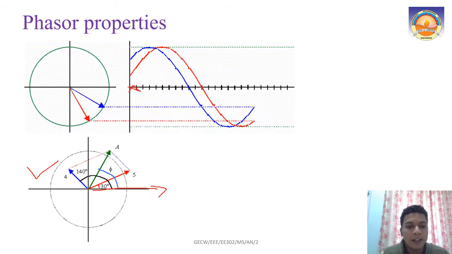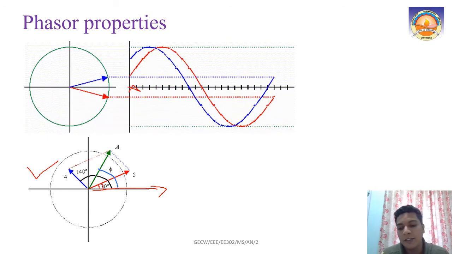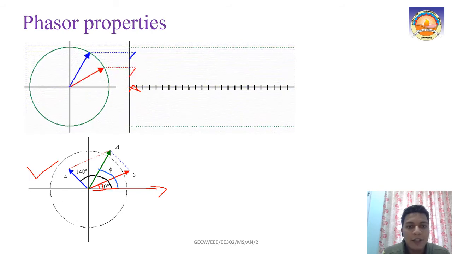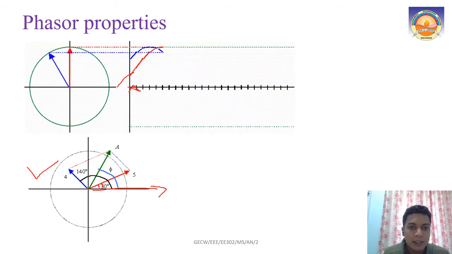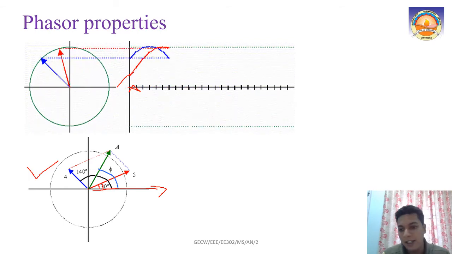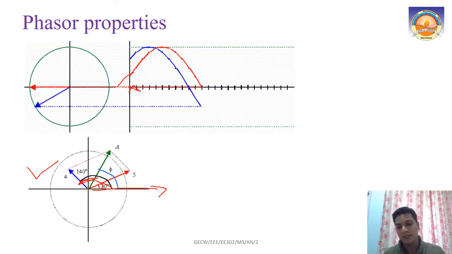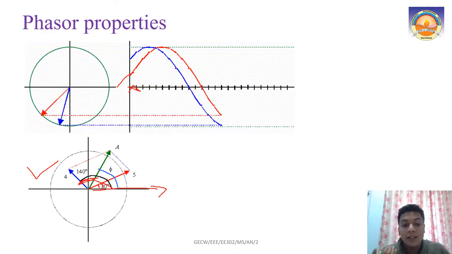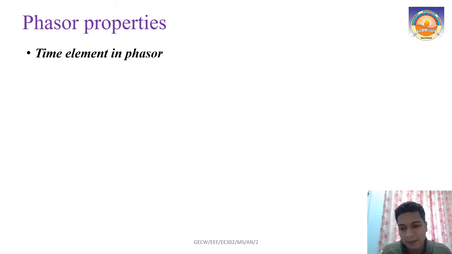With respect to that reference, your red wave has a phase shift of around 30 degrees, meaning it is leading by 30 degrees. The next one, the blue line, is leading by around 140 degrees. And there is a phase difference between both of them also. This kind of representation is what we call the phasor representation.